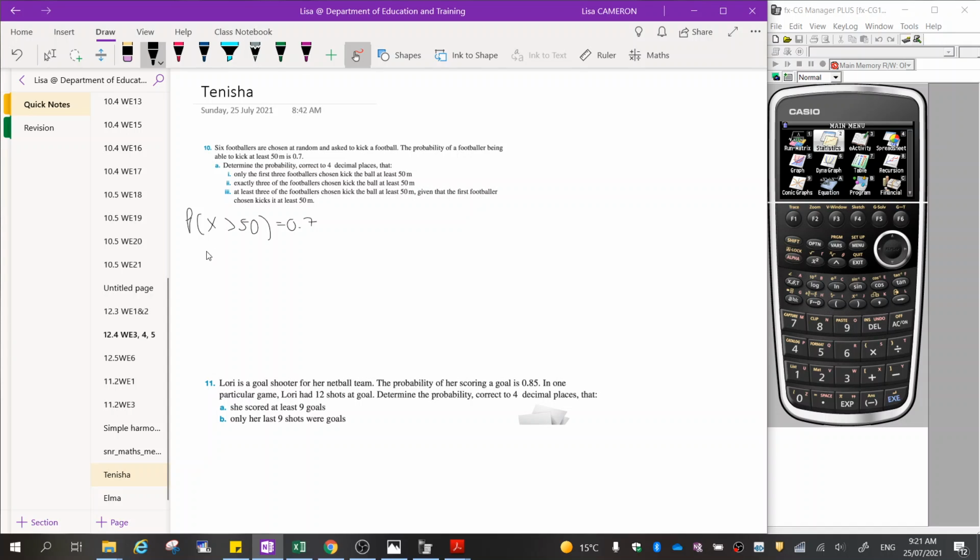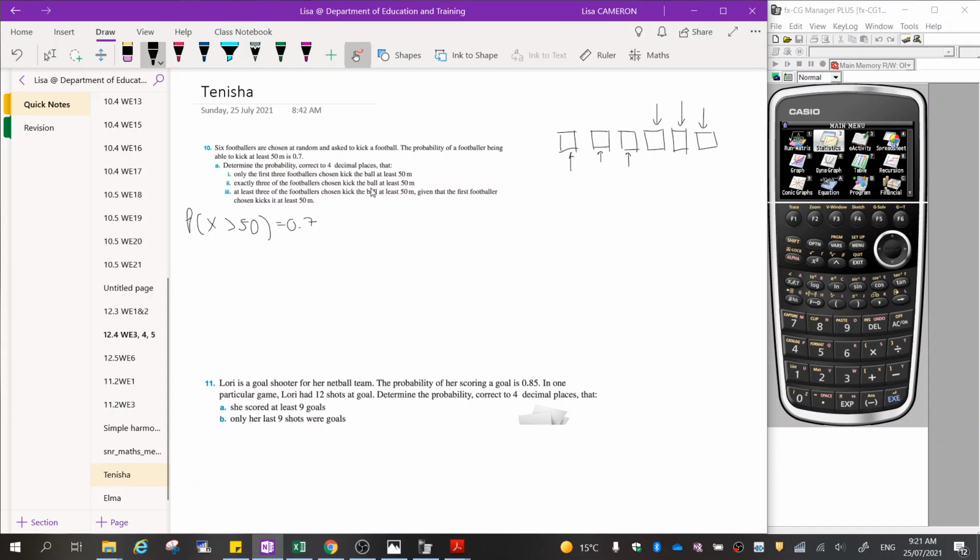So, this is what I'm talking about. Here are my 6 footballers. Now, if I tell you that only the first 3 kick it correctly and the rest don't, this isn't part of binomial probability distribution because this just comes down to a regular counting principle.